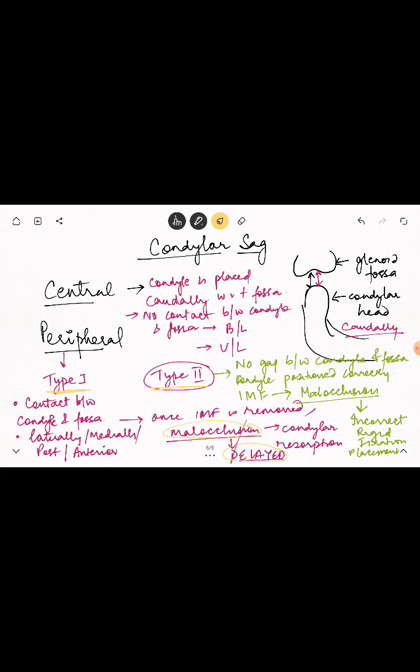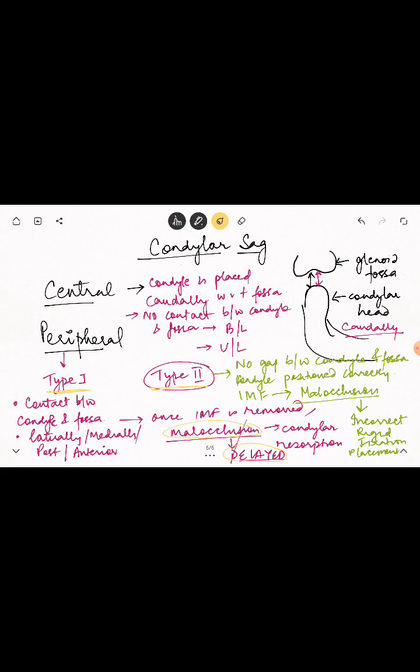So there is immediate malocclusion after removing IMF. And the reason for this is the incorrect rigid fixation placement. The plating was wrong. The placement of the plates, the placement of the fixation was wrong. That is the reason there is derangement of occlusion in the immediate post-operative period.